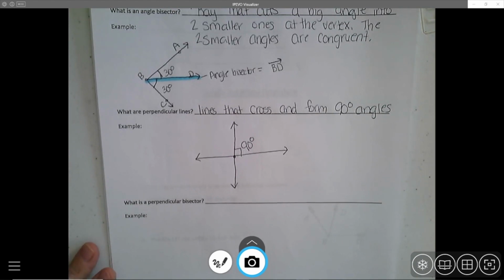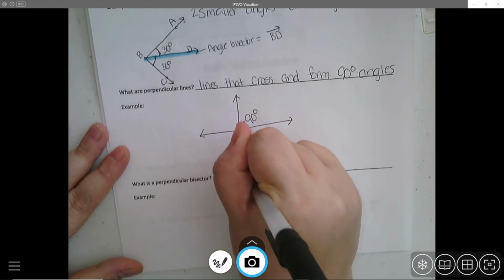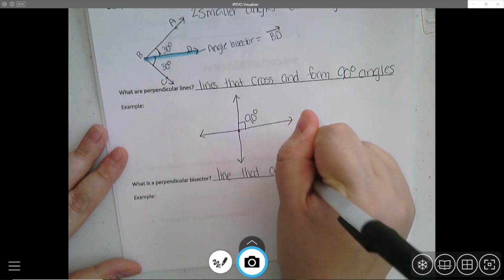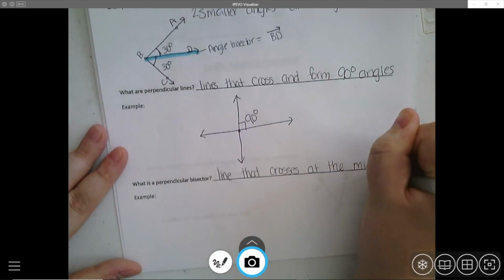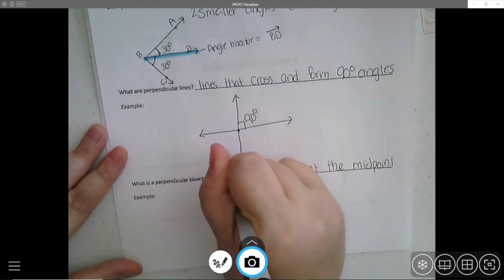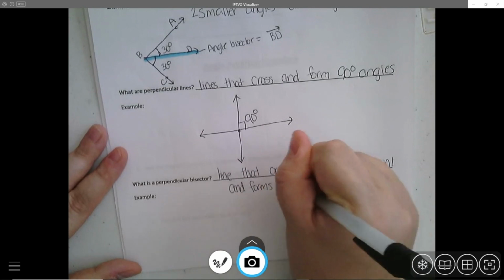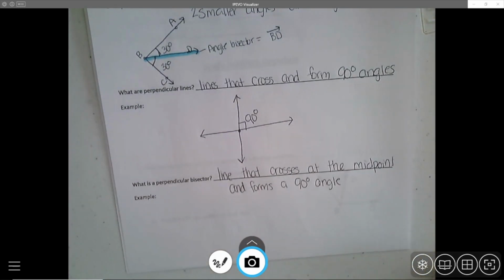Okay, now a perpendicular bisector. This is a line that crosses at the midpoint and forms a 90-degree angle.